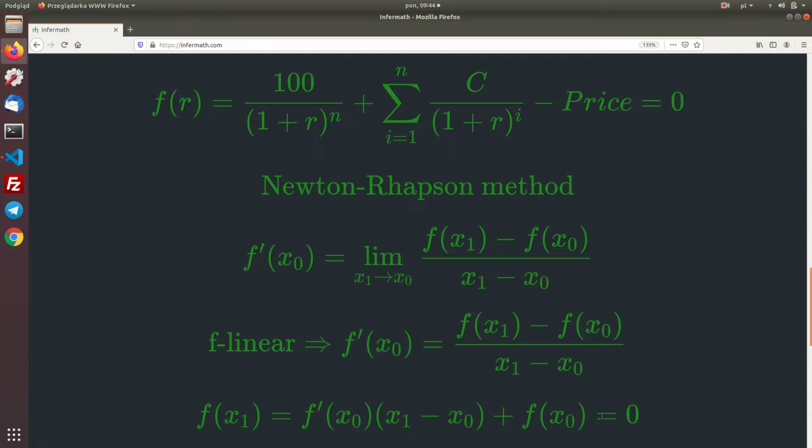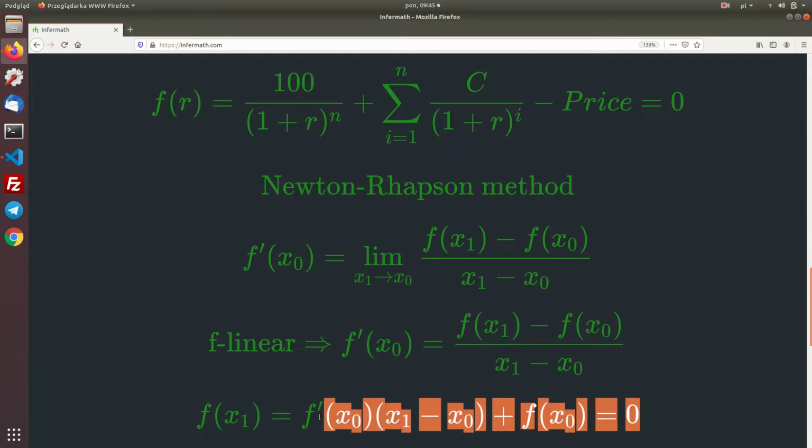And the next step is that if we want to find the root of a linear function, then we basically say that, okay, so this ratio is 0. This value of this function at x1 is equal to 0, and then we solve for x1, so that we see at which point the linear function crosses 0.